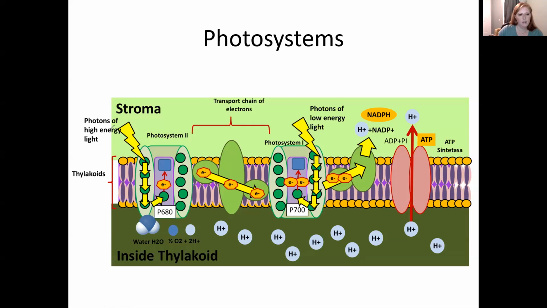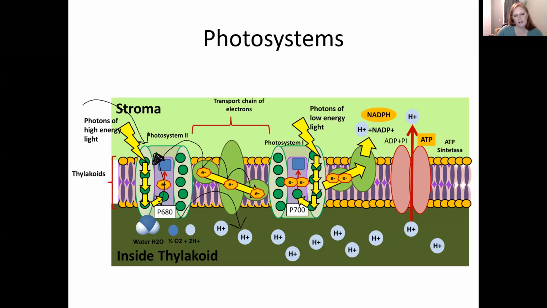Photosystem 2. Light energy strikes the electrons. Electrons are like, yay, so excited, so energized. They go down an electron transport chain, hot potato, releasing small amounts of energy at a time, which allows hydrogen protons to be pumped inside the thylakoid membrane where it's really crowded.